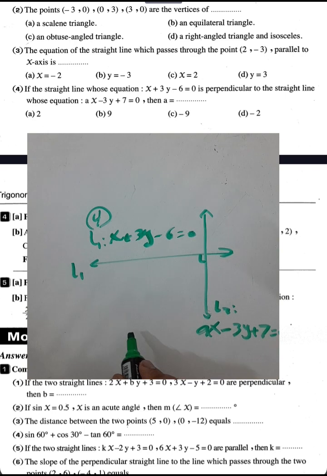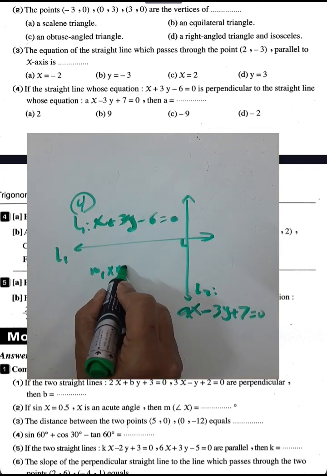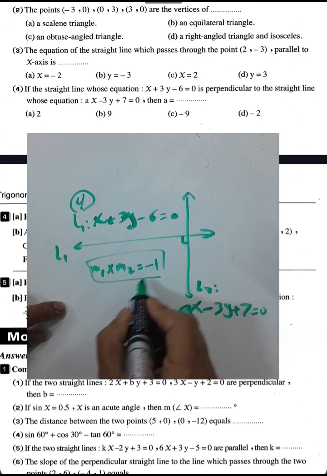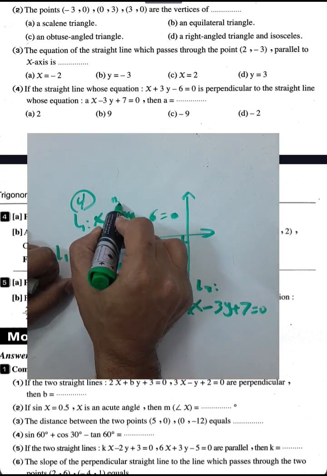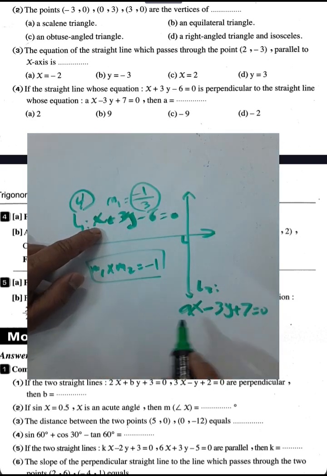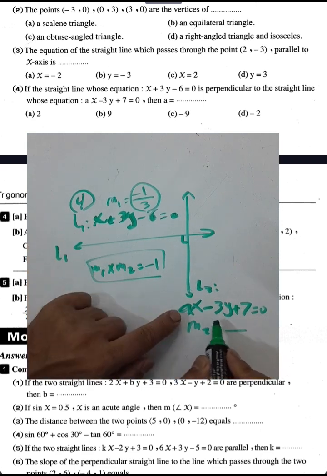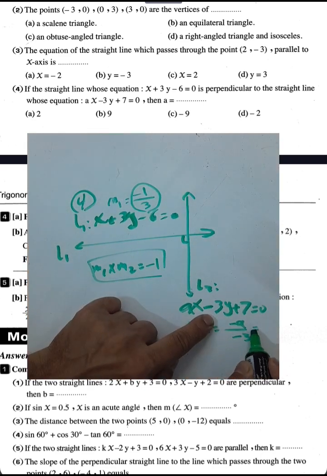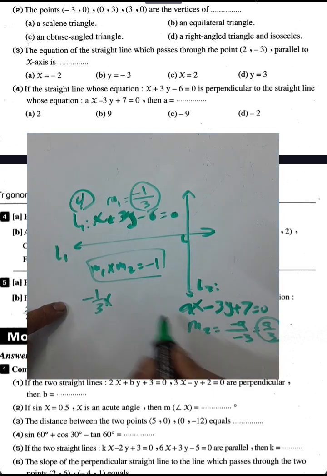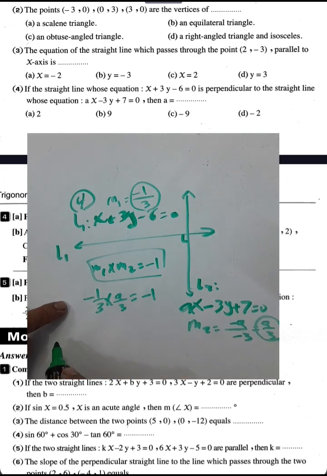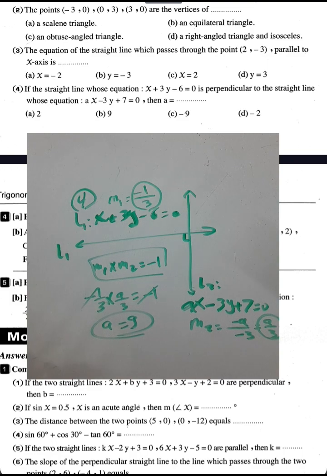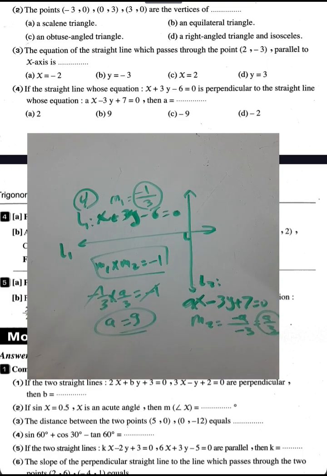They are perpendicular, then m1 times m2 equals -1. We can find m1 here, it will be negative coefficient of x over coefficient of y, it will be -1/3. And m2 here, negative coefficient of x over coefficient of y, it will be a over 3. Then the product of slope 1 and slope 2 will be negative 1. Cancel negative by negative, then a will be 9. Choose letter B for question number 4.